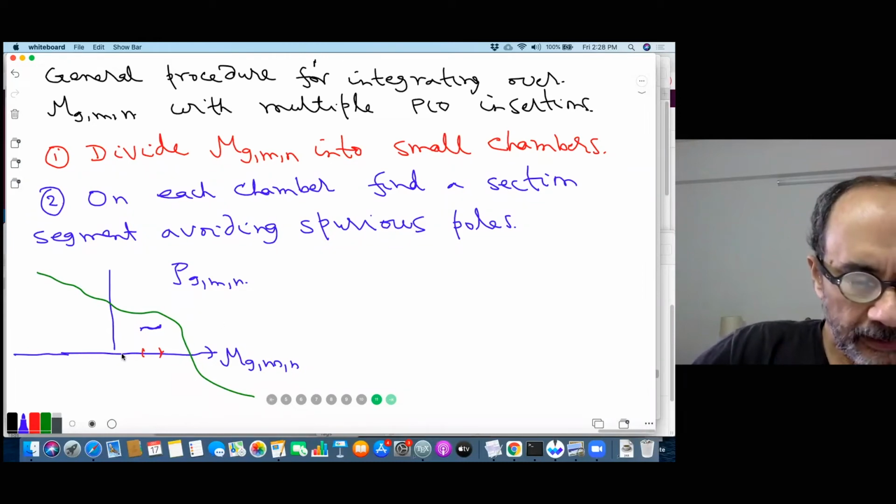So we have a next chamber. On this chamber, we choose an independent section segment. Say we choose this. Again, avoiding the spurious pole. This also avoids the spurious pole, this also avoids the spurious pole.